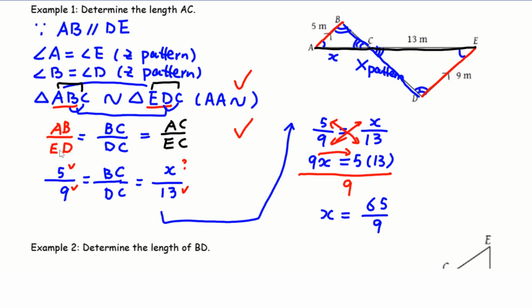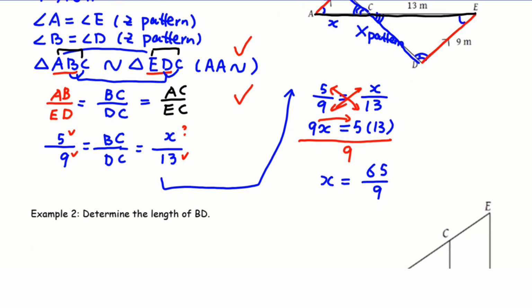So corresponding sides must be correct: first two over first two, last two over last two, first last over first last. Then substitute the given information, cross multiply works all the time, then solve it.